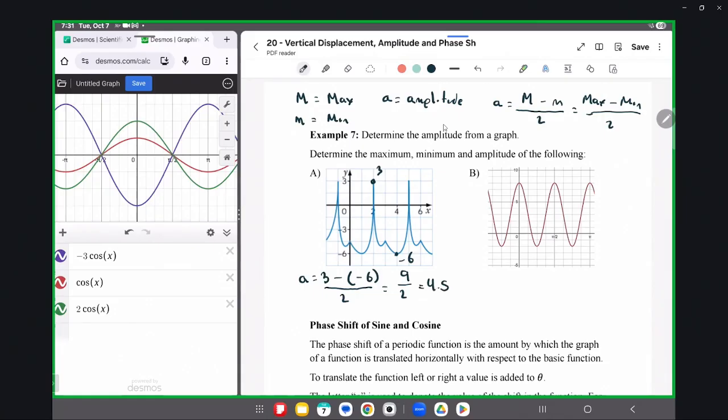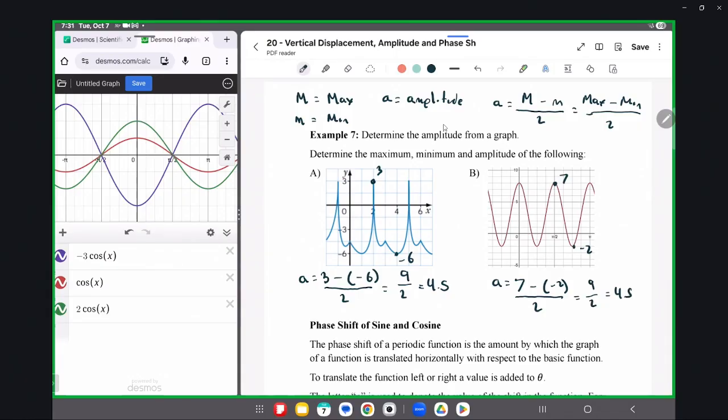And similarly, if we have a look at the letter B, we can see we've got a sinusoidal wave. This one goes all the way up to 7 and goes all the way down to appears to be -2. So this amplitude will be 7 minus -2 over top of 2, which is going to be 9 over 2, which is the same thing.